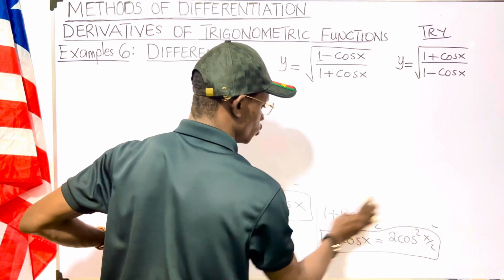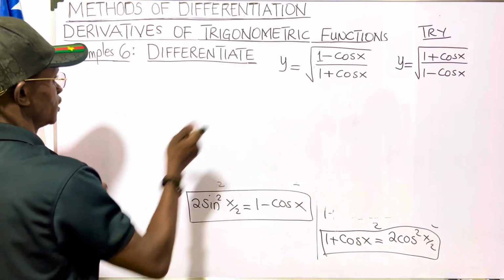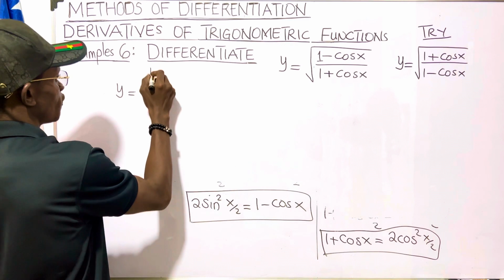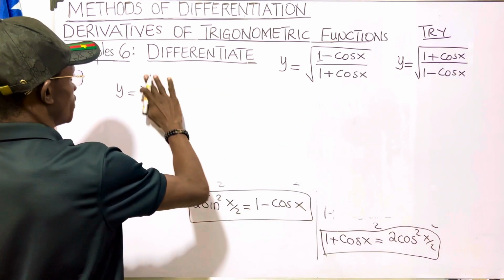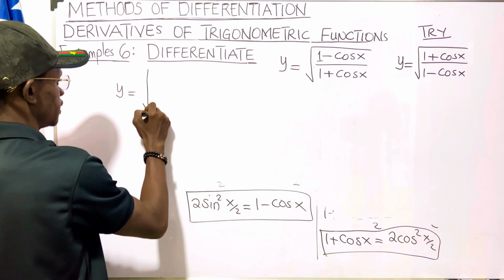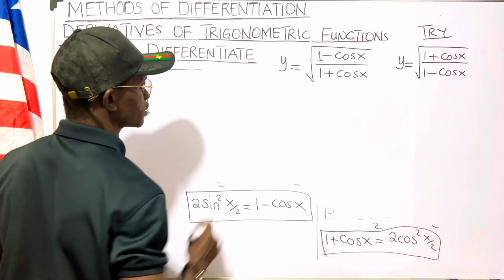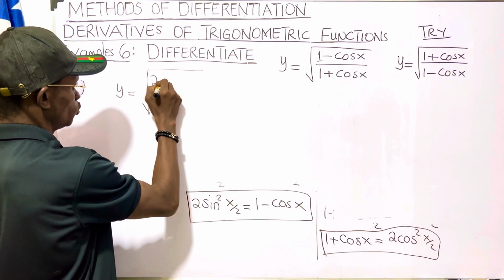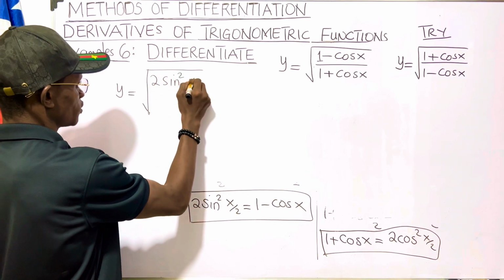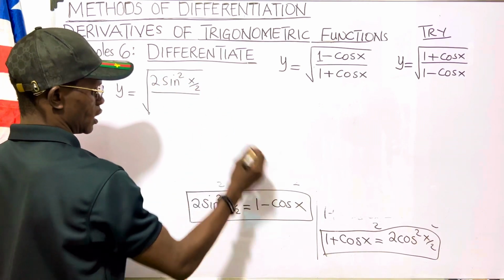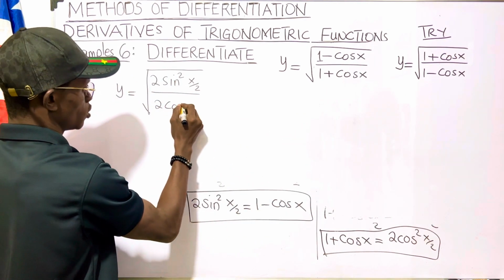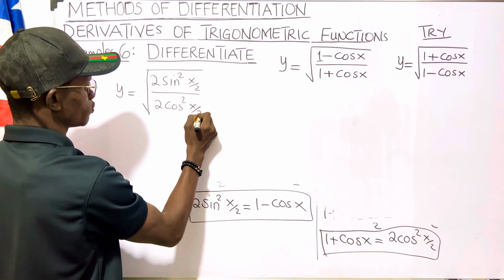So we have the two important trig identities. So y now equals the square root of, now remember each of them can carry their own, okay, let's maintain it like this. So 1 plus 1 minus cos square x is just equal to 2 sin square x over 2, and then 1 plus cos of x is equal to 2 cos square x over 2.